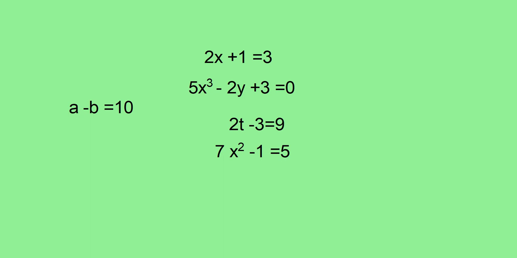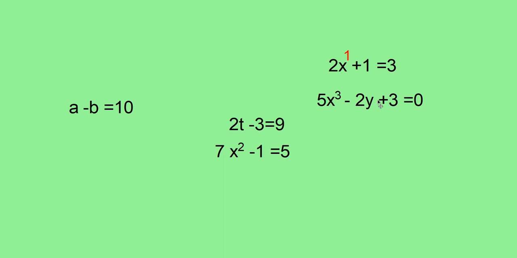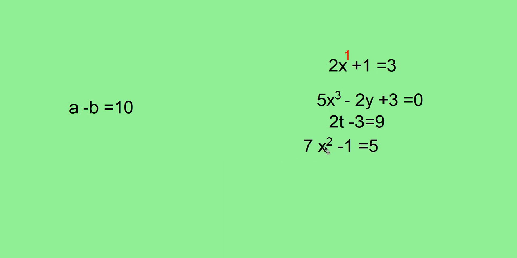Now look at the power of the terms of these equations. In 2x plus 1 the variable is x and its power is 1. Now consider this equation: the highest power here is 3. Here the power is 1.